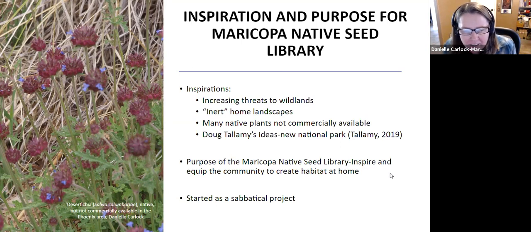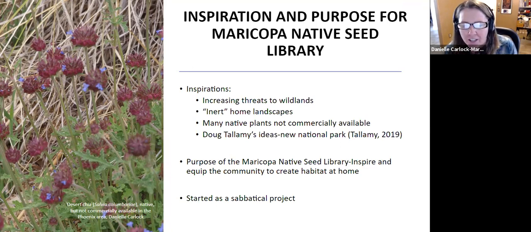Quite a few of them would be non-native, and the natives that they do have often are not very high wildlife-supporting natives, so I'm seeing no activity going on in a lot of the yards around me. When I walk around, I don't see any bees, I don't see birds and things like that. Then I come back to my house where I've got some of these plants and there's a lot of activity going on. So I'm saying, wow, I just really want to get more folks thinking about how they can change their home landscapes a little bit.